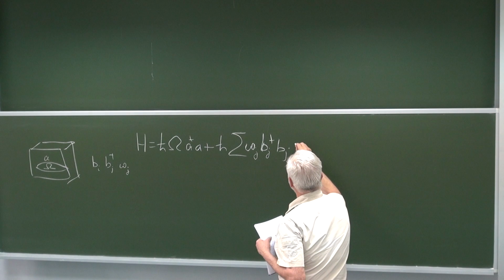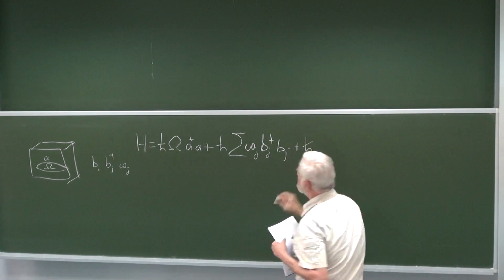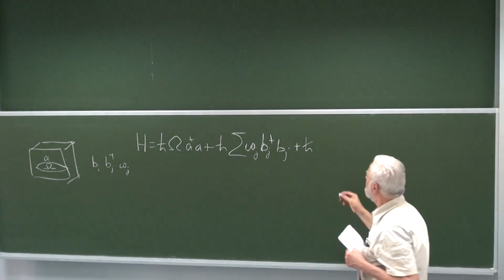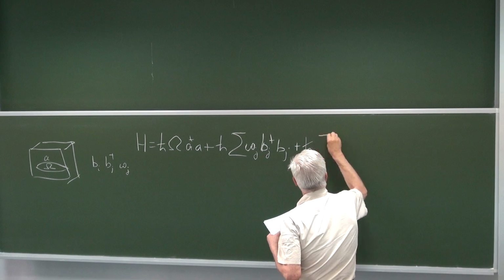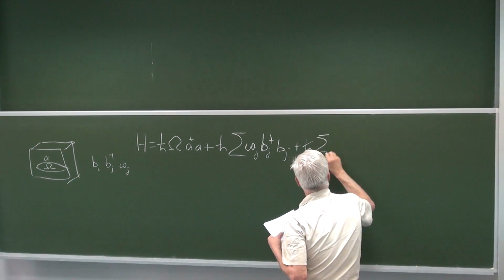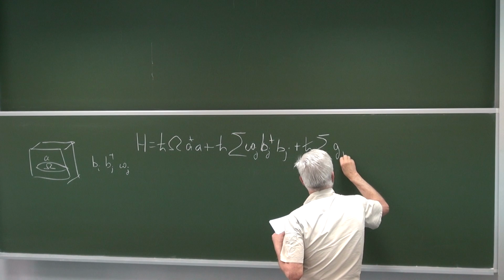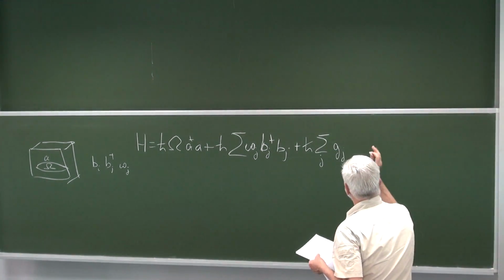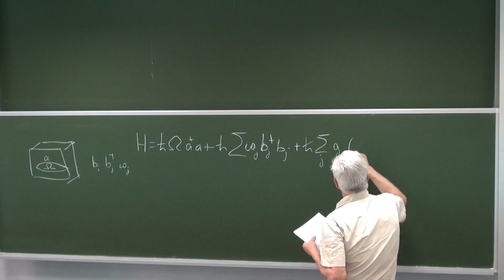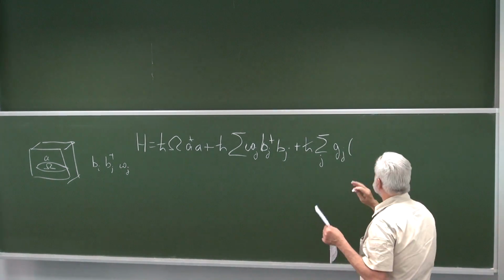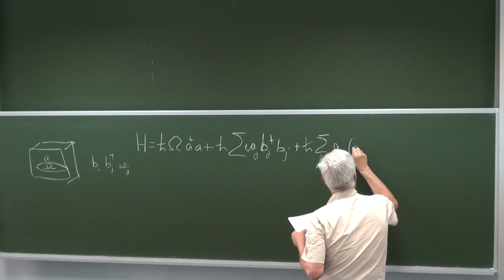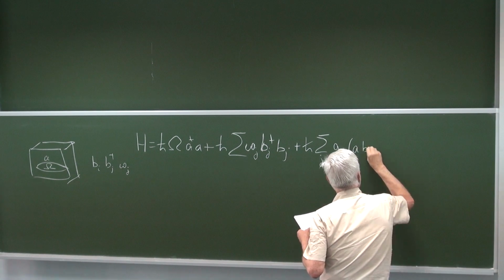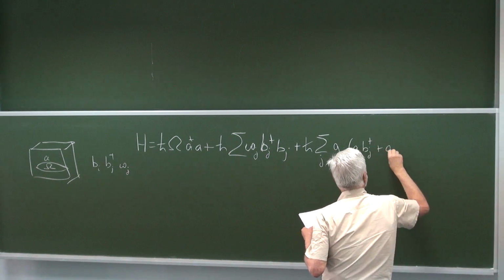And the interaction, also let's pull out the h bar, is the sum over j with some couplings g_j. Couplings could be complex, but I assume they are real. That is of no relevance, it's not any particular simplification.